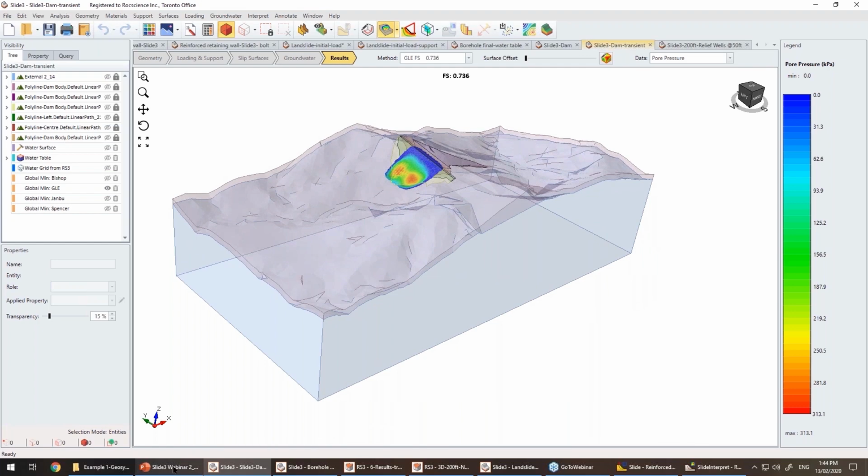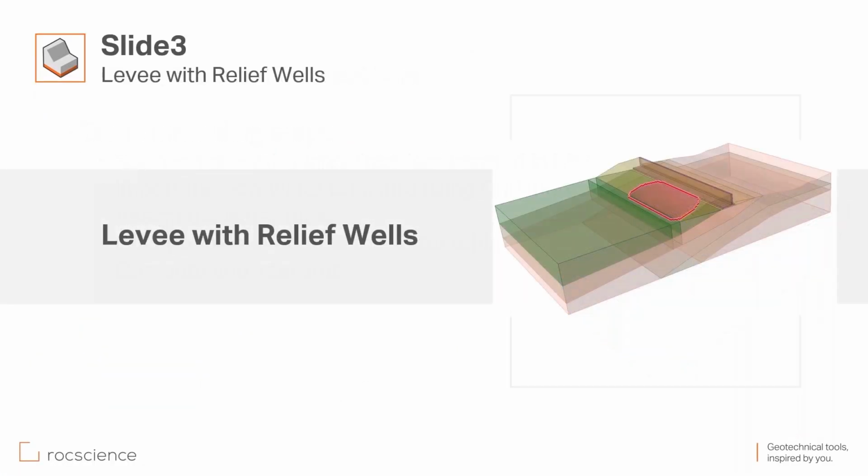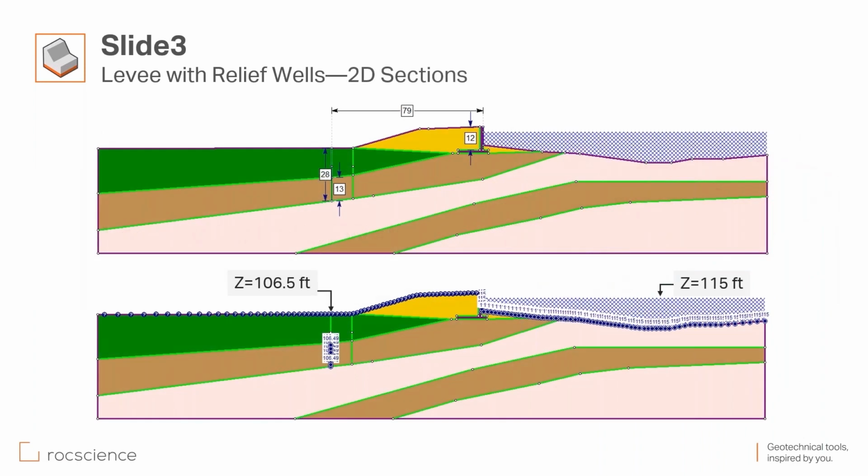Okay, if we go back to the presentation, the next example is the levee with relief wells. The model, as I mentioned, was created in the RS3 webinar 2. We did the seepage analysis. In webinar 3, we did the slope stability analysis.